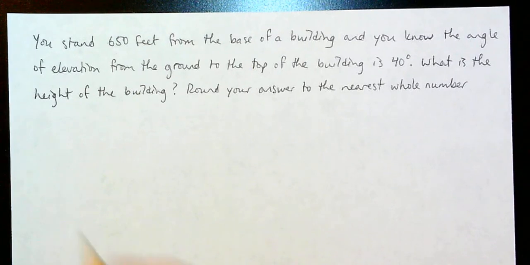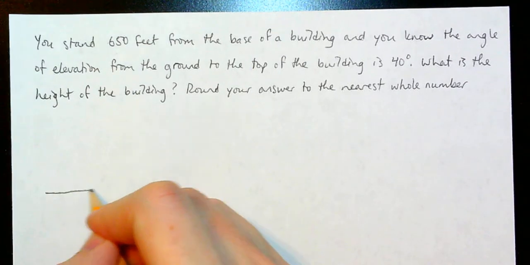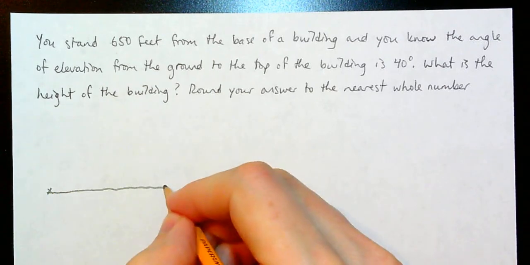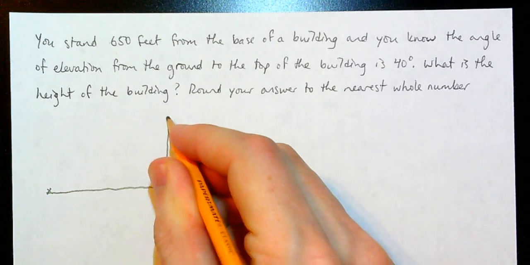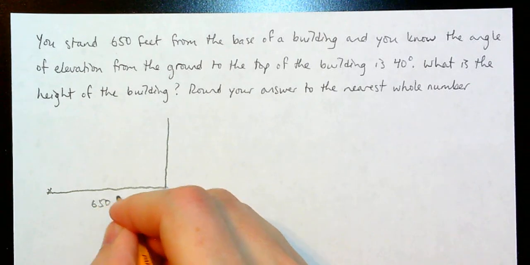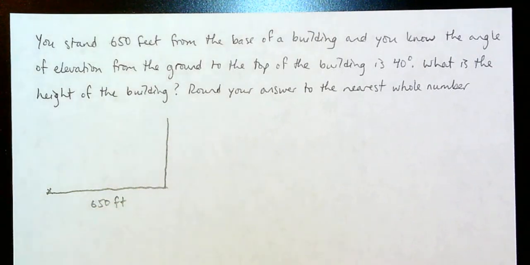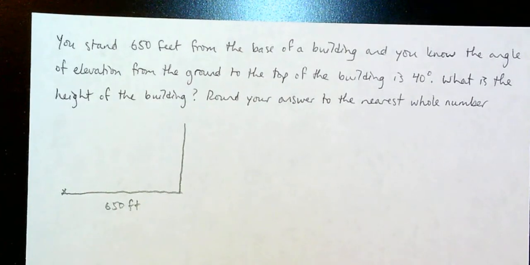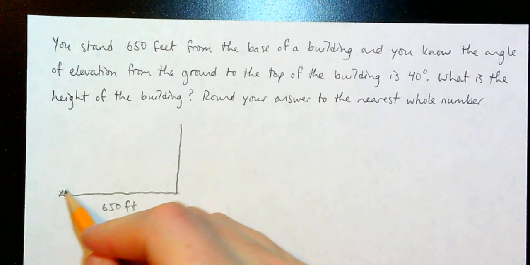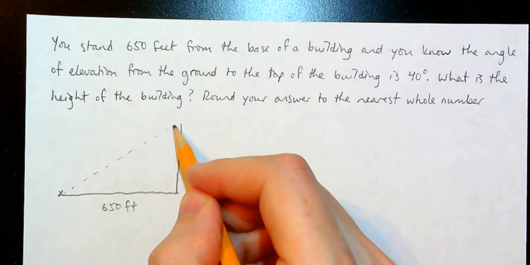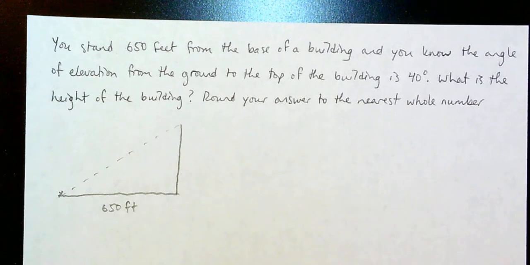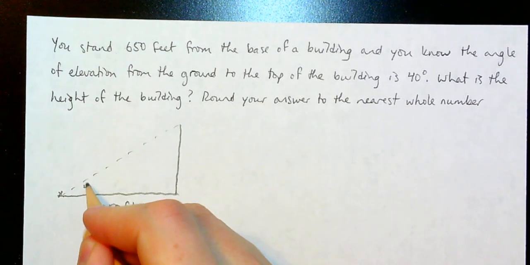So I know that I'm standing 650 feet from the base of some building. Just focusing on the one side of my building here. And I know that the angle that's formed by where I'm standing and looking up to the top of this building is 40 degrees.